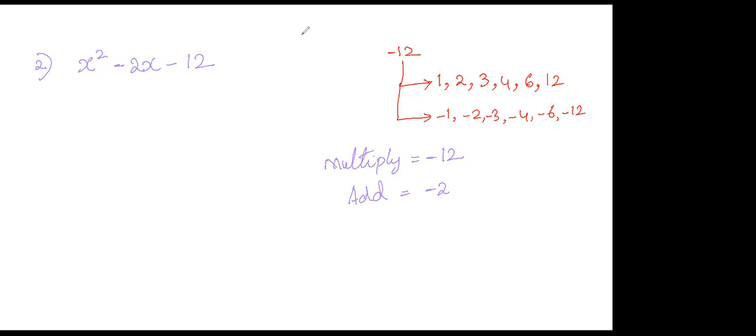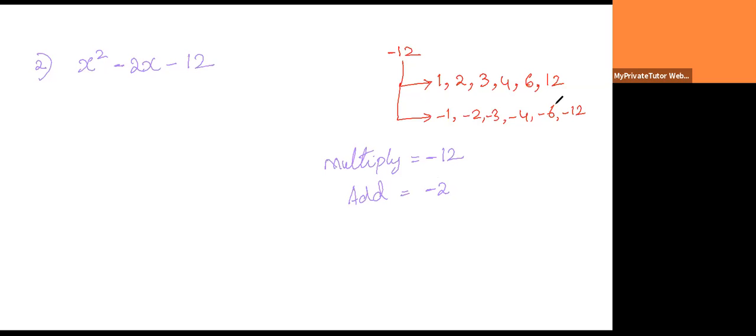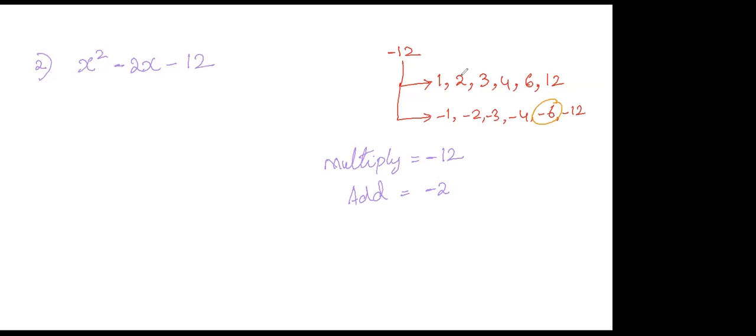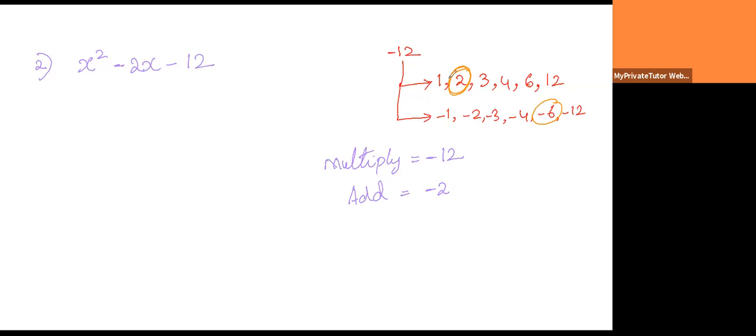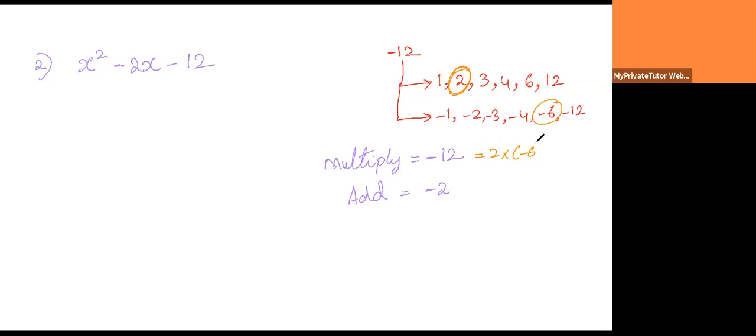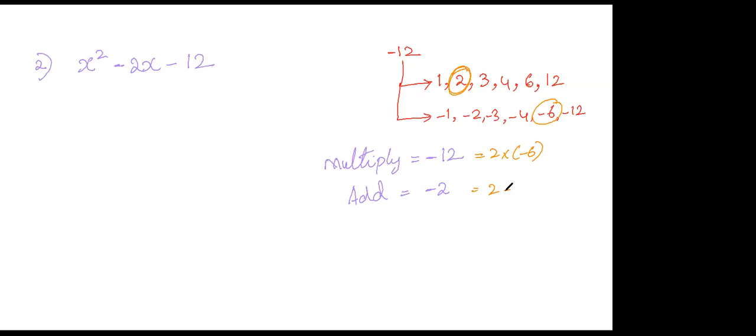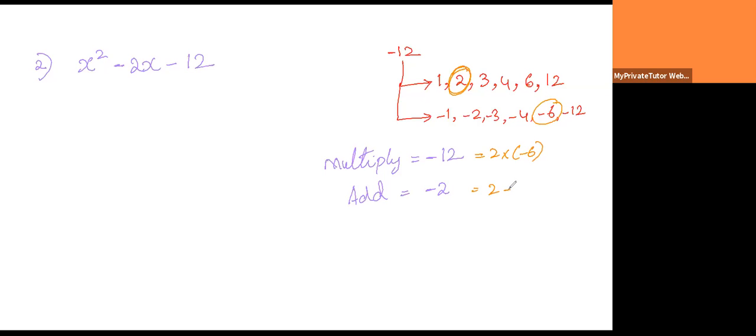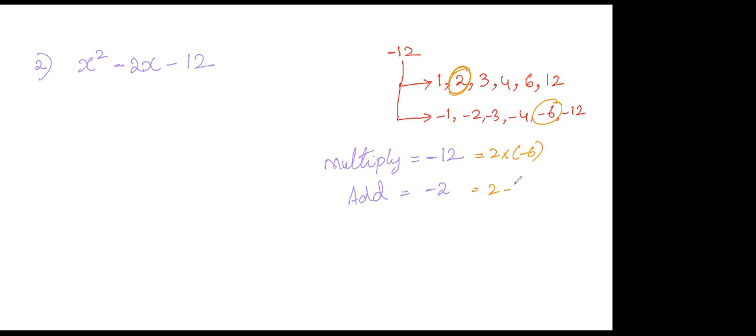Wait, wait. I think you answered correctly. 2 and minus 6. We need to take 2 and minus 6 because 2 times minus 6 is minus 12. And what is 2 minus 6? Minus 4. We can't take this, it will give you negative 4.